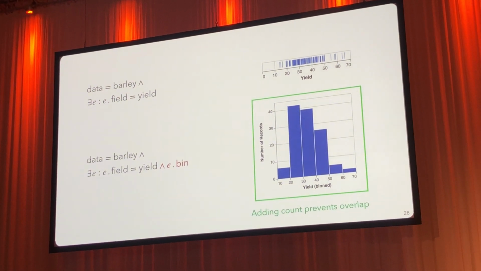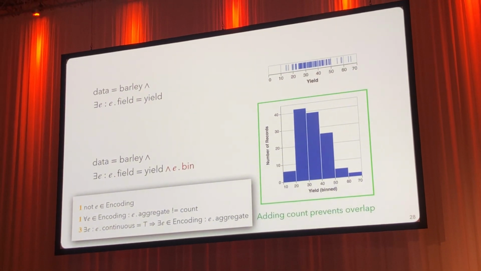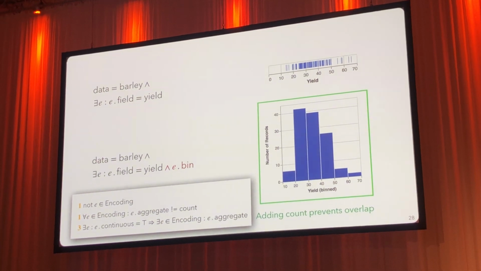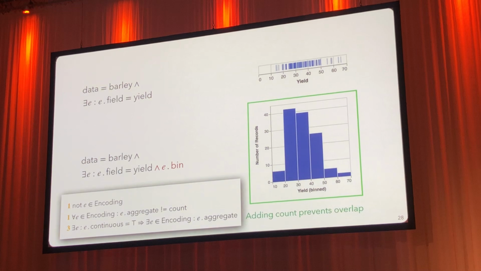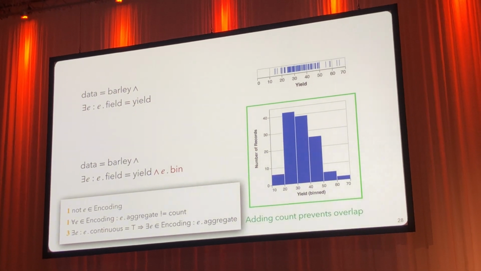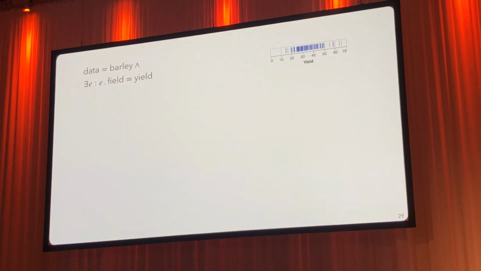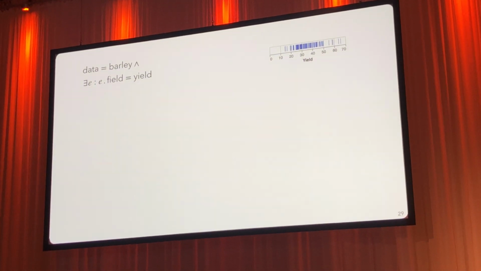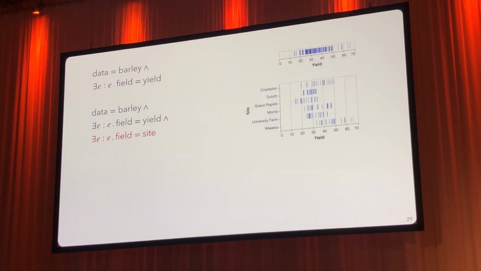And the reason why this works is because we have these constraints with associated weights. The cost of preventing overlap, which is the last constraint here, by adding an aggregate is less than the cost of adding a count encoding, which are the first two constraints that you see here. Let's go back to the tick plot from earlier and add another encoding where we want to visualize the site.